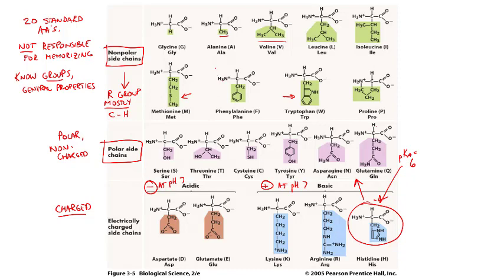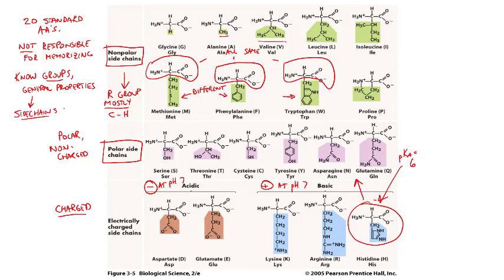Now, notice something about all of our amino acids. With one exception, everything that is not an R group is all the same. It's only the R groups that are highlighted in color that are different. And so really, it's the side chains that dictate the property of your amino acid.